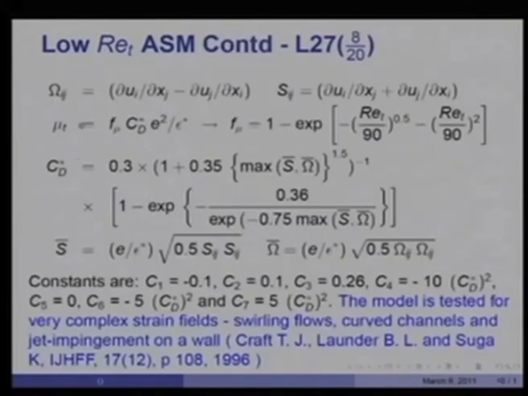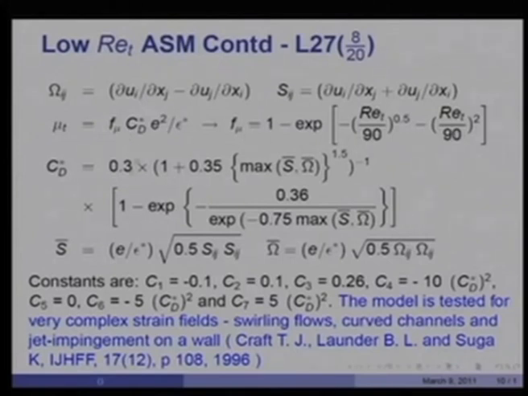So, omega ij is dui dxj minus duj dxi, and Sij is equal to dui dxj plus duj dxi, as we all know. Turbulent viscosity mu t is F mu CD star E squared by epsilon star, and F mu is sensitized in this way for the low turbulence Reynolds number region.